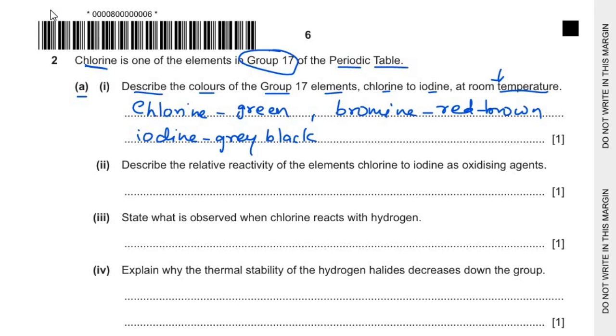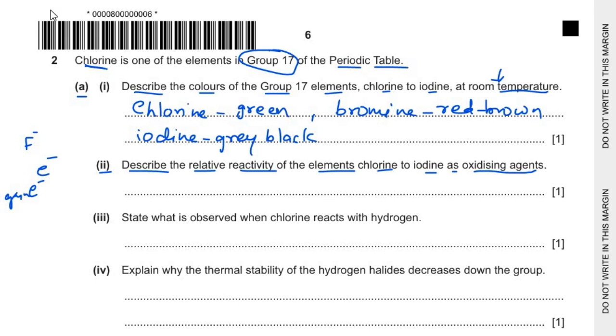The next part is describe the relative reactivity of the elements chlorine to iodine as an oxidizing agent. Okay, now let's remember what an oxidizing agent is. An oxidizing agent is one which allows the other element to lose electrons and itself gains the electrons. So if we talk about oxidizing agents, fluorine is the best oxidizing agent because it accepts electrons very easily.